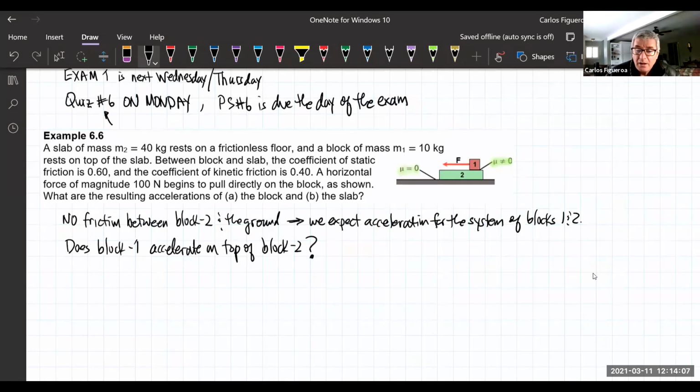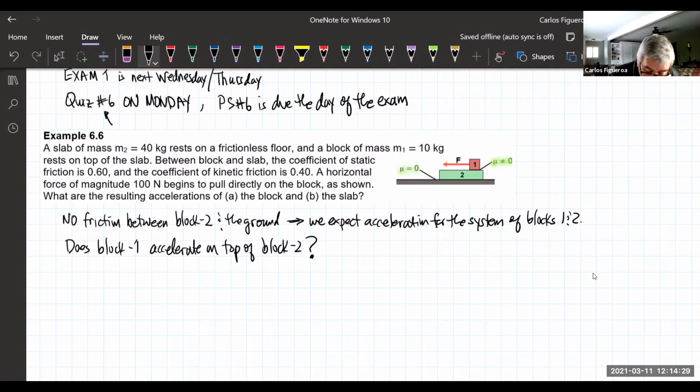And again, talking about free body diagrams like we were talking about before, we can immediately ask the question of, from what we talked about before, if the force F acting on block 1 is greater than the static friction, it's going to accelerate.